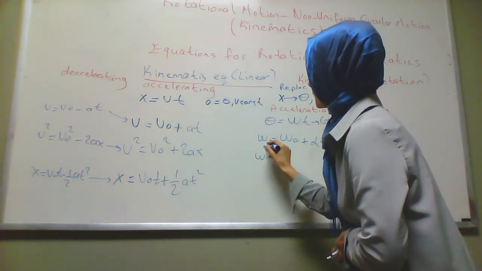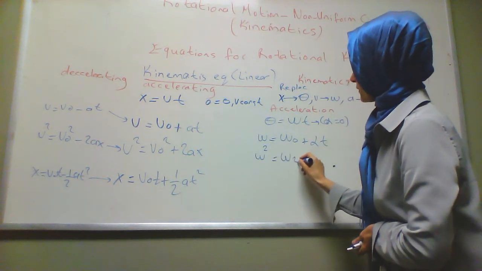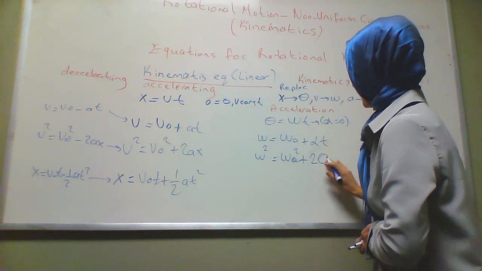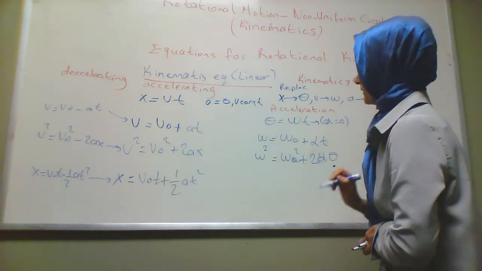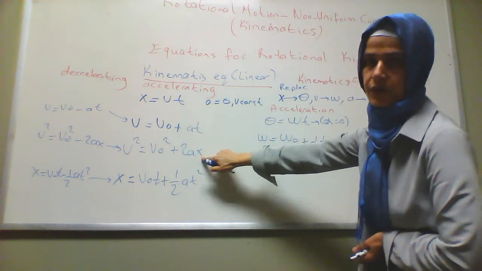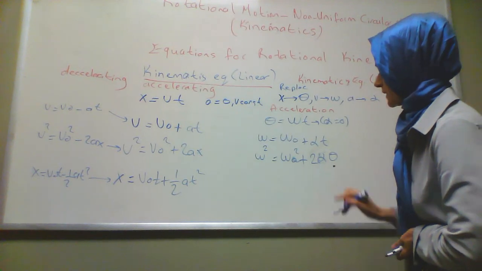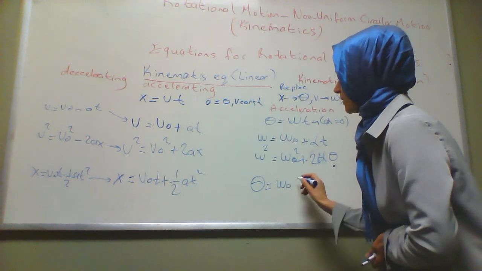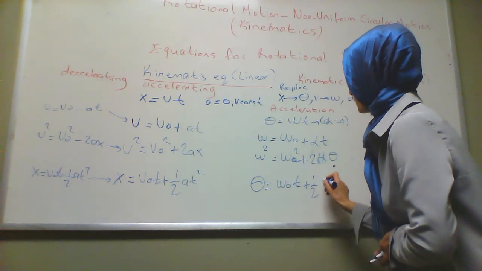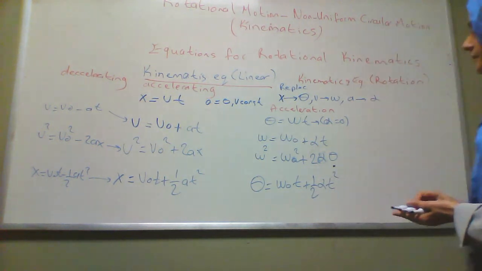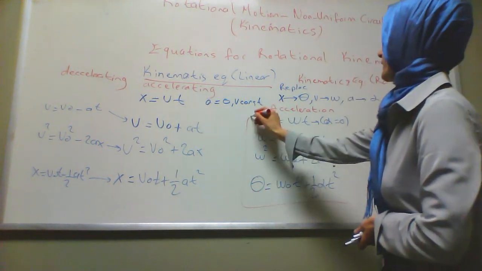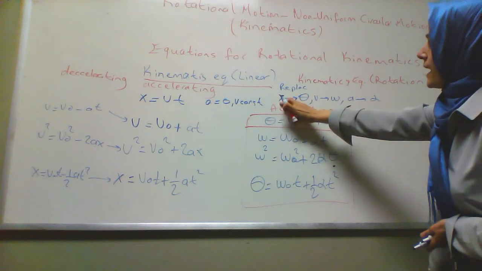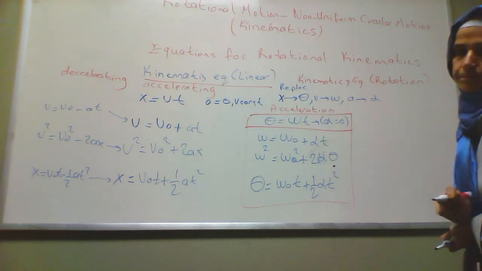We have final angular velocity squared is equal to initial angular velocity squared plus 2 alpha theta. So A is for alpha, X is for theta. Angular acceleration, angular displacement. And instead of X, I have theta is equal to omega 0 times t plus 1/2 alpha t squared. These are for acceleration. Again, all I did was to replace X by theta, V by omega, and A by alpha.